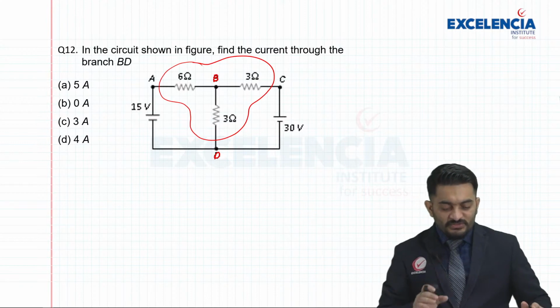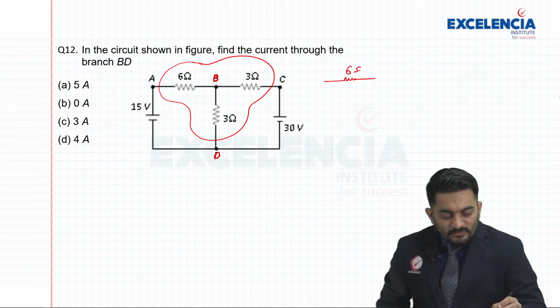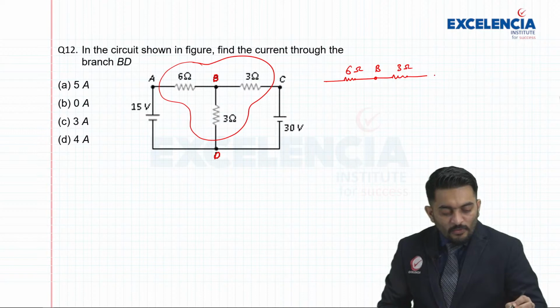But somehow I can make this question look exactly like my T-junction question. So what I'm going to do, guys, this is the 6 ohm given to you. This is your point B. This is your 3 ohm and this is your point C. Points A and C I'm not going to touch or change, I'll keep them as they are.